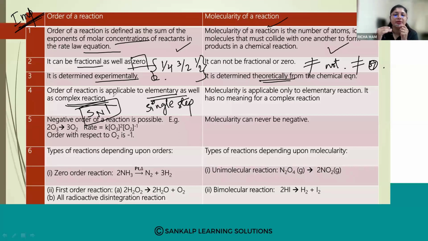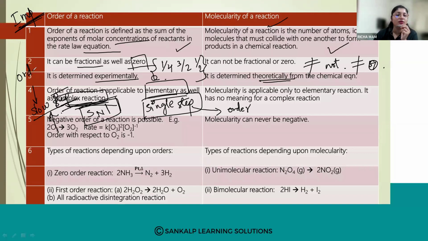One of the steps will be a slow step, and that slow step is called the rate determining step, and that will decide the order of reaction in the case of a complex reaction. Now in an elementary reaction, as it proceeds in one step, that step decides the order of reaction. But in a complex reaction, if it is undergoing more than one step, then one of the steps will be a slow step, the rate determining step, and that step only will decide the order of reaction.